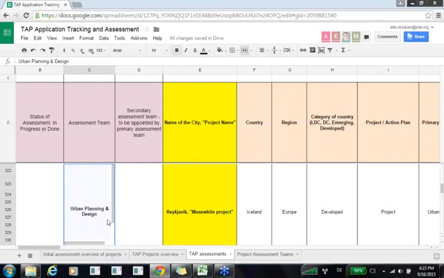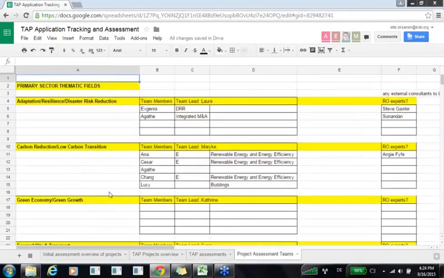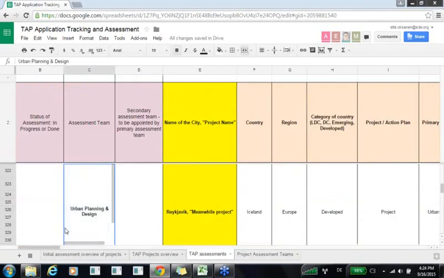And of course, these teams and the allocation of the applications within these teams can be found in this tab over here, Project Assessment Teams. But anyway, let's go back over here to the assessment sheet itself. So there's one column to say which team is the main assessment team. Then there's one column for the secondary assessment team to be appointed by the primary assessment team.